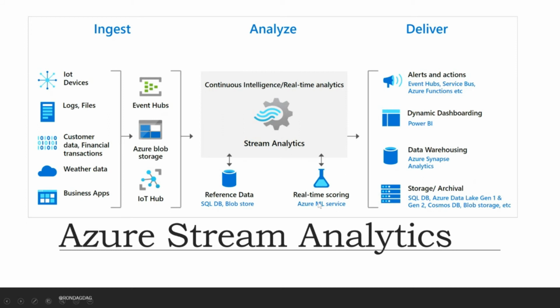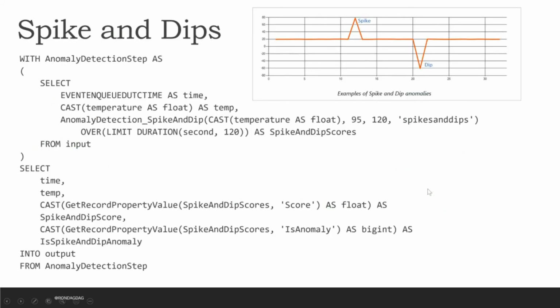And of course, you can use Azure ML services to call and run real-time or continuous intelligence or real-time analytics. And then of course you deliver it using alerts or actions, using Azure Functions, Power BI, or however you would deliver that data set.